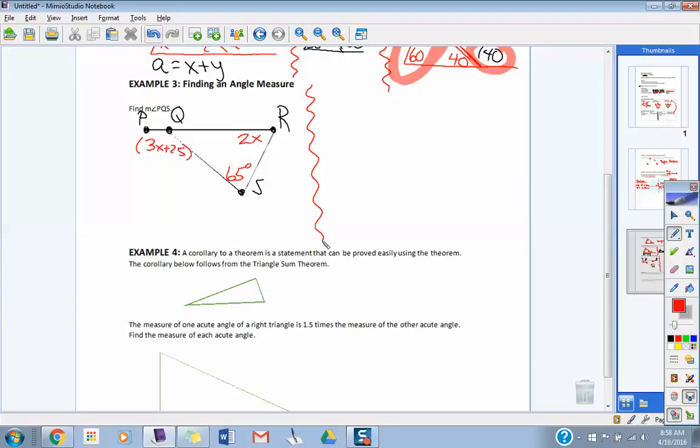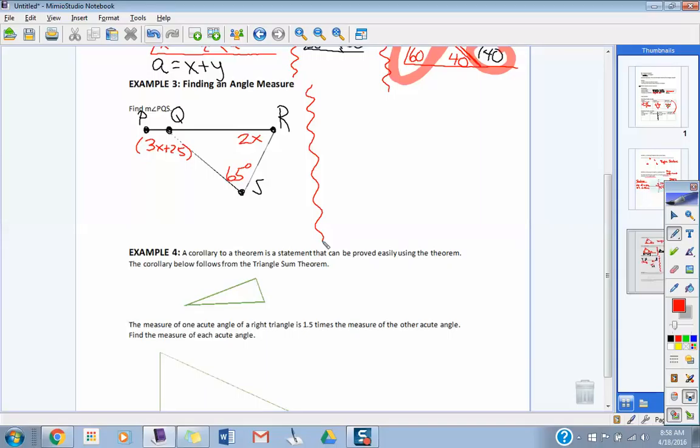I have an exterior angle, two non-adjacent angles. What's the 3x plus 25 have to equal the way it's set up? 2x plus 65. These two on the interior that are not adjacent to this exterior angle have to add up to equal this. So here's how we're going to solve this.